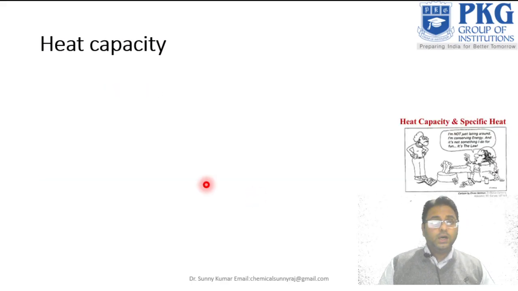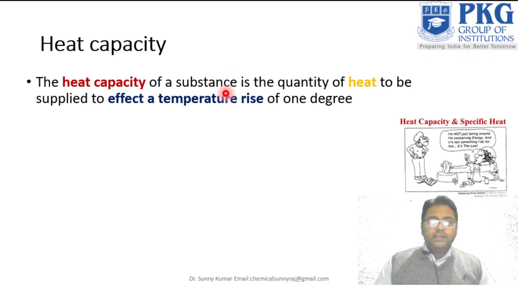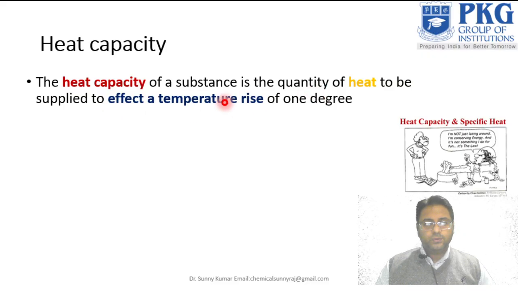So now we will discuss the heat capacity. The heat capacity of a substance is the quantity of heat to be supplied to effect a temperature rise of 1 degree.